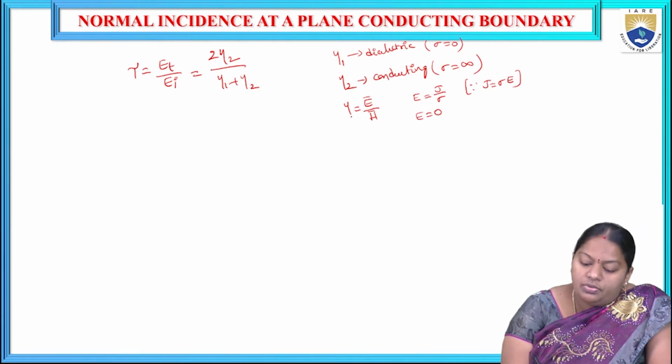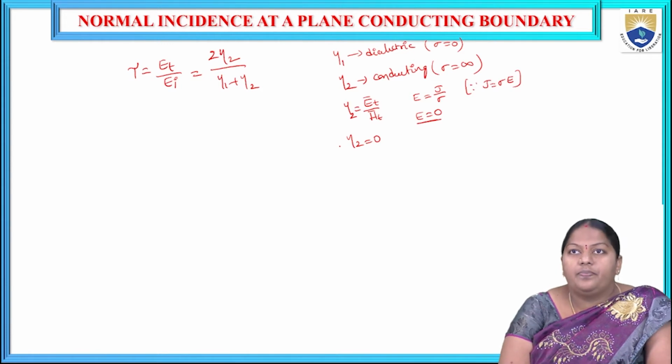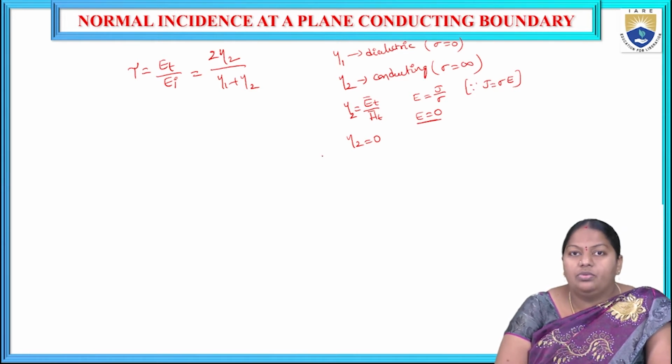So from this, eta 2 is given by Et by Ht. Why? Because in medium 2, we have the transmitted wave, with notations Et and Ht. Right? So if E equal to 0, then Et becomes 0, hence eta 2 equal to 0. Right? The intrinsic impedance of medium 2 for a conducting medium is 0. Right?